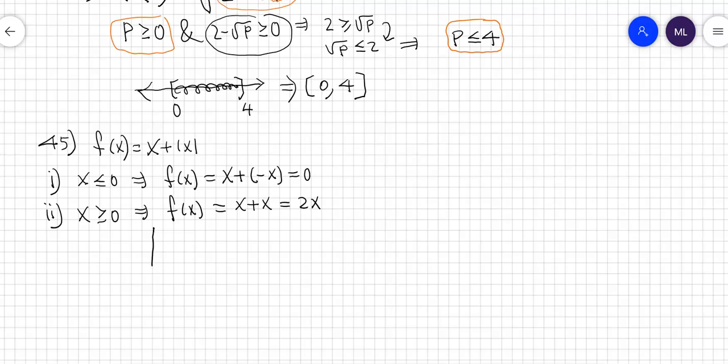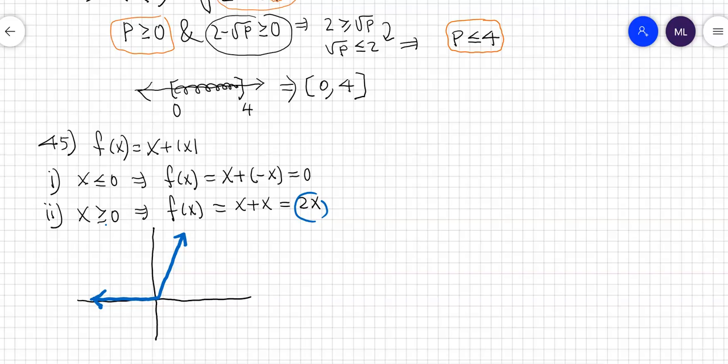So graph-wise, when x is less than or equal to 0, it is 0. And then when x is positive, it is 2x. Okay.